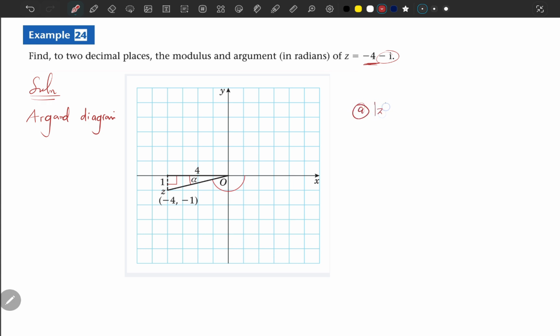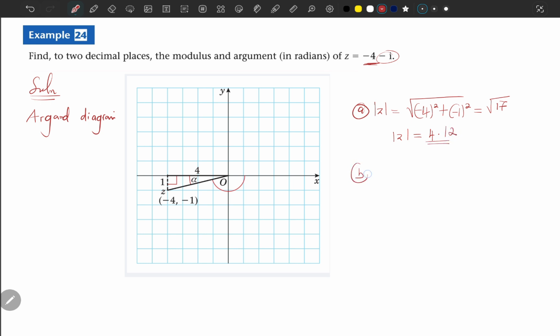So the modulus of z is just equal to the square root of -4 squared plus -1 squared, to give us root of 17, and this will give us the modulus as 4.12 to 2 decimal places.